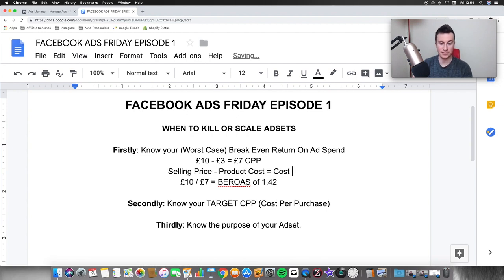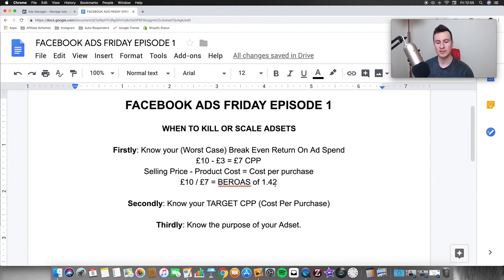And that leaves us with essentially how much we can afford to pay per purchase on Facebook. Then from there, we take the selling price and divide it by this cost per purchase, which we've just worked out, and that's going to give us our break-even ROAS. As you can see, in this example it is 1.42.